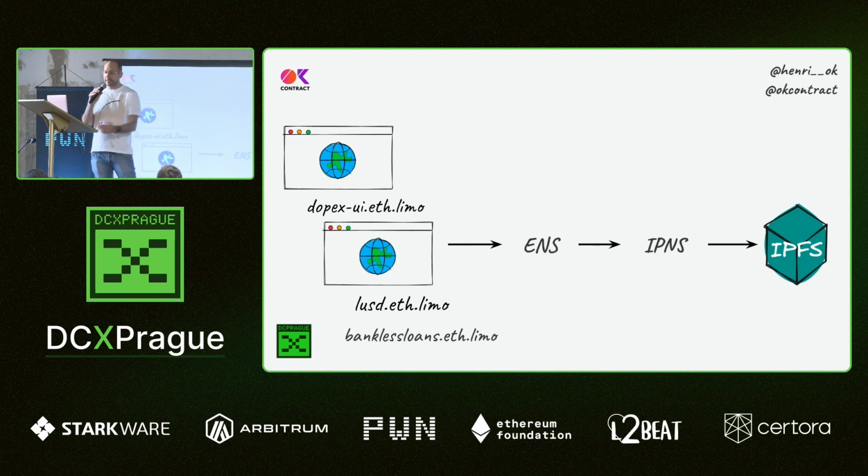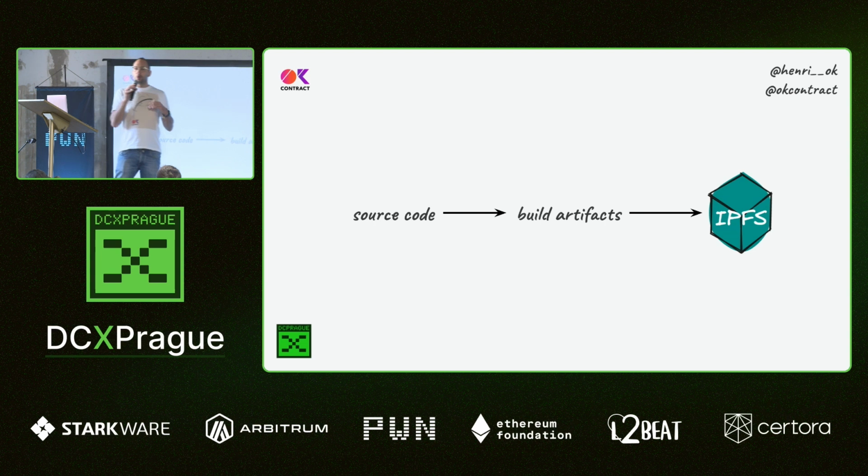So in the end, we have decentralized storage, and we have a website which loads from decentralized storage. But the question is, what do we put exactly on IPFS? What we put on IPFS is mostly the build artifacts. So you have your whole front-end code base, which is usually a complete mess of libraries and NPM dependencies, a bit more about this later.